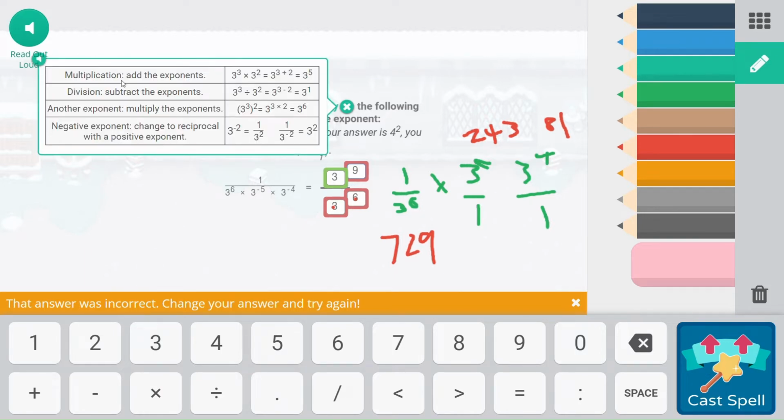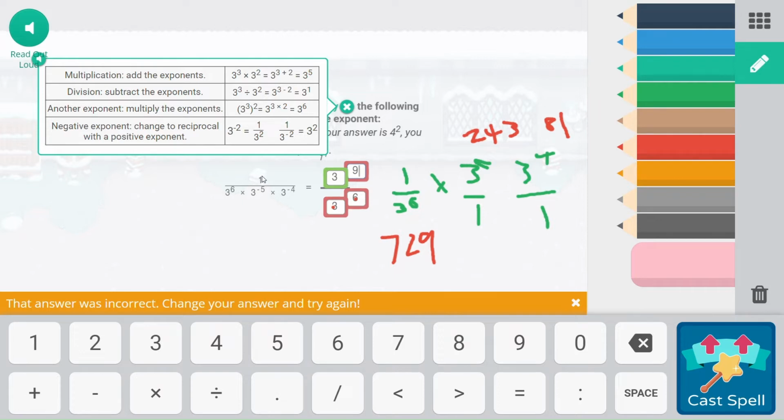Alright, so multiplication, we add the exponents. Okay, so that would be 3 to the negative 9th, which should be 3 to the 9th. We would add them. Change the reciprocal, so 1 over 3 to the negative 6 equals 3 to the 2nd. So 3 to the 5th, 3 to the 4th should be on top, 3 to the 9th, and then 3 to the 6th underneath.